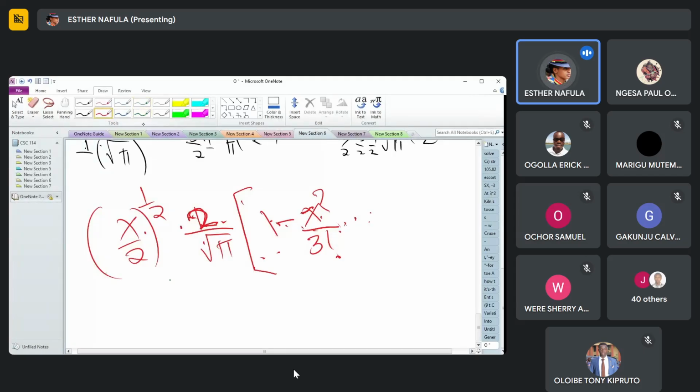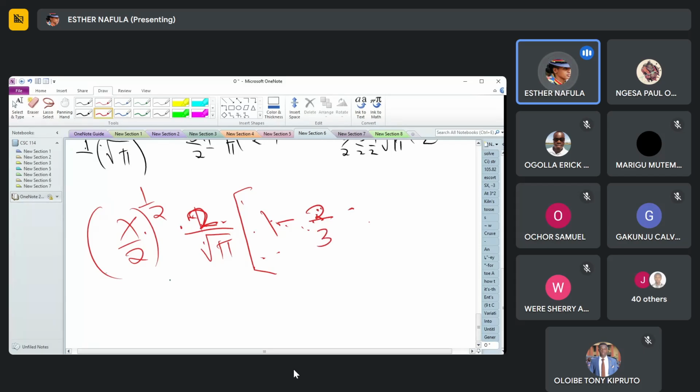Is it 2 over 3 or 2 over 3 factorial? It's 2 over 3.